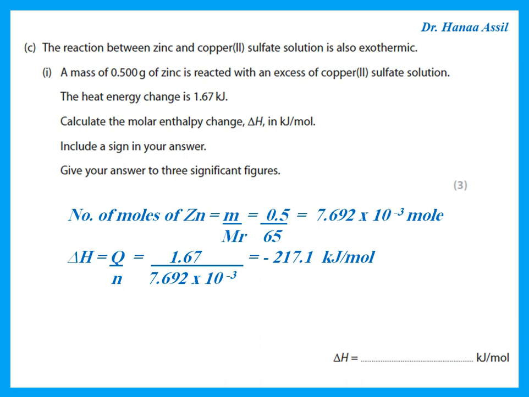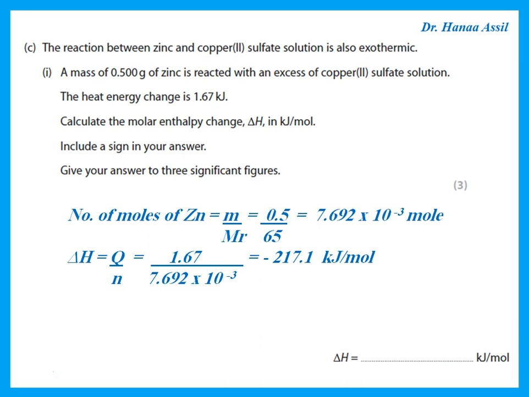Why did I put a minus sign? Remember that delta H must have a minus sign. Q doesn't. So when you're calculating Q, you don't put minus or plus. But for delta H, we have to put a sign. Now, how do I know it is a negative? Because up there in that first sentence, it says that the reaction is exothermic.